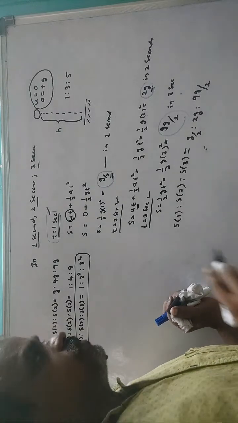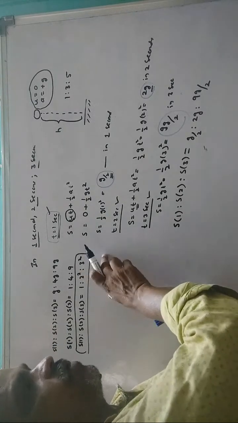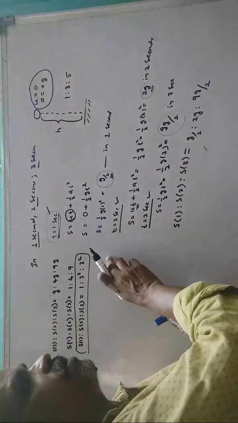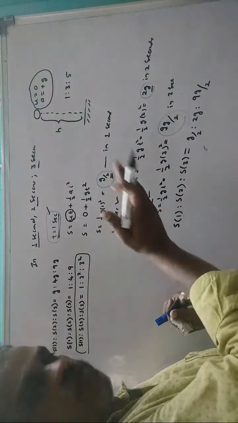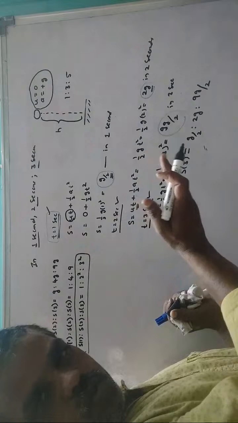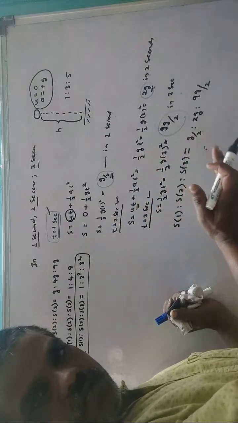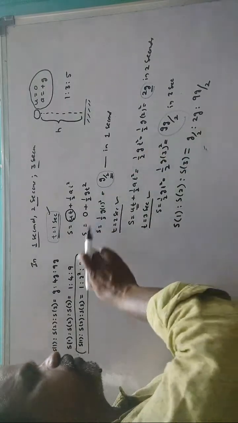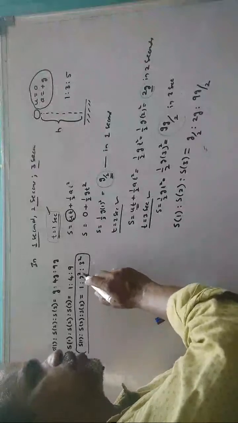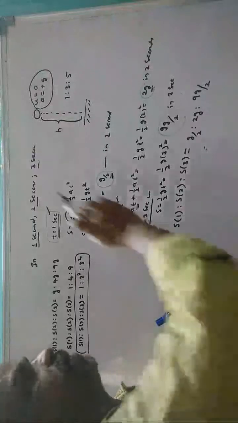So this is the displacement acquired by the freely falling body in the first 1 second, first 2 seconds, first 3 seconds. The values are in the ratio 1 is to 2 square is to 3 square.